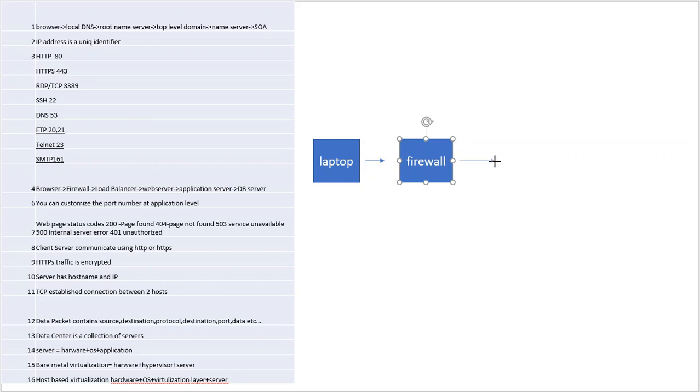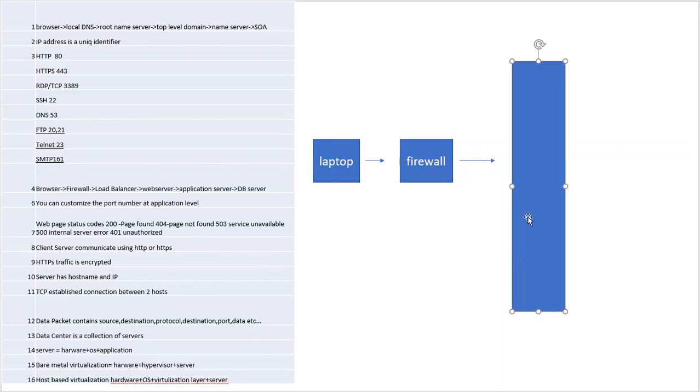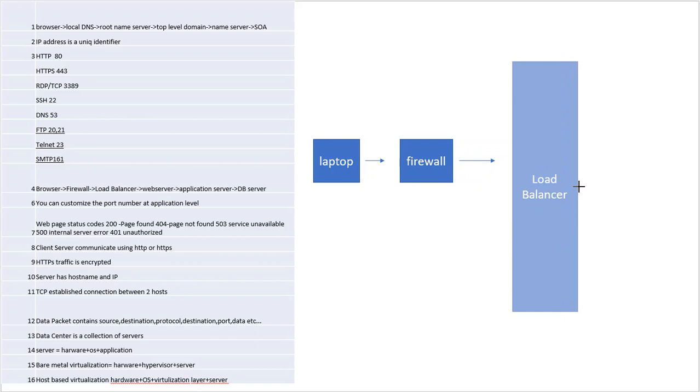Normally it is optional, but most of the time a load balancer will be there. So what is a load balancer? The main purpose of a load balancer, as the name suggests, is that load should be distributed to different environments.